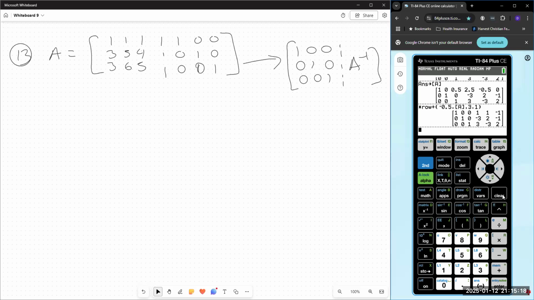So let's go back. I'm going to clear this. Let's go back and start off with second matrix A. We're going to edit this, and I'm just going to put in the 3 by 3 that we were given.